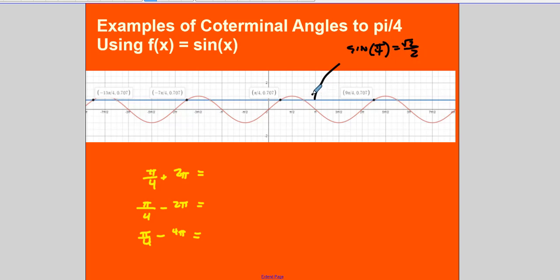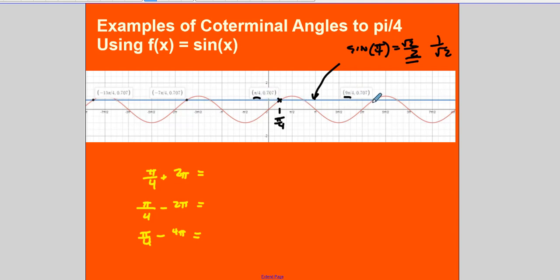So this blue line is square root of 2 over 2, or 1 over square root of 2. Then the sine function intersects this at pi over 4. Then you can see it right here. It's hard to read. That's pi over 4.